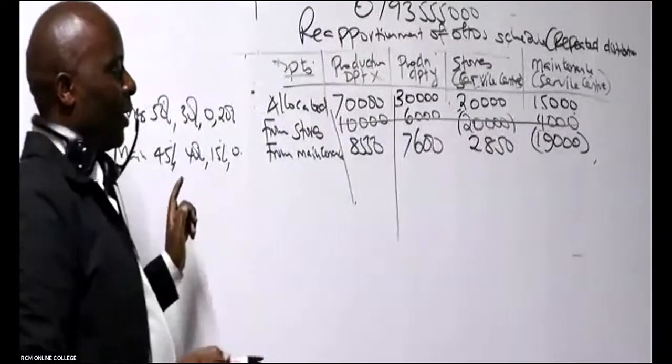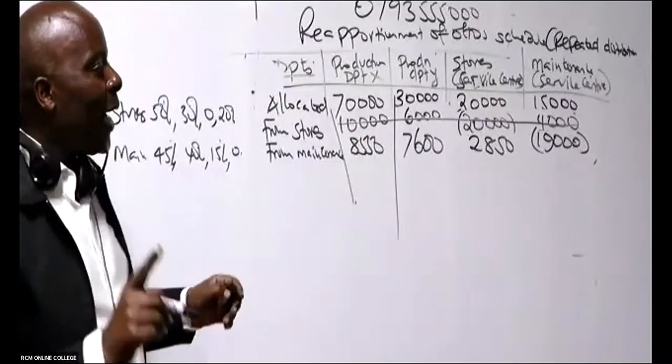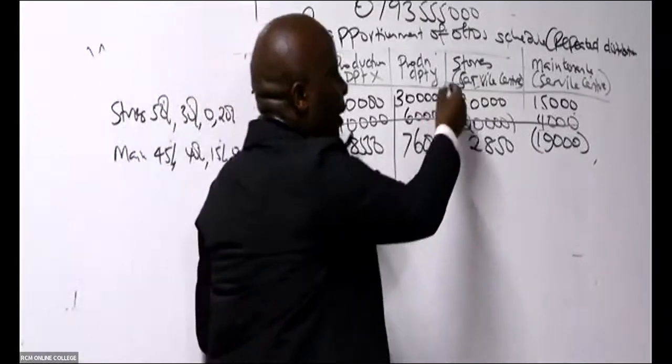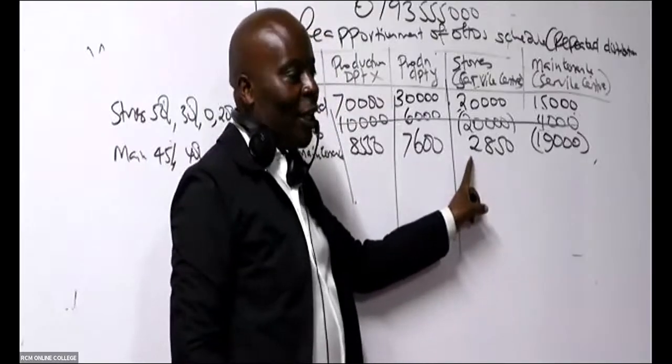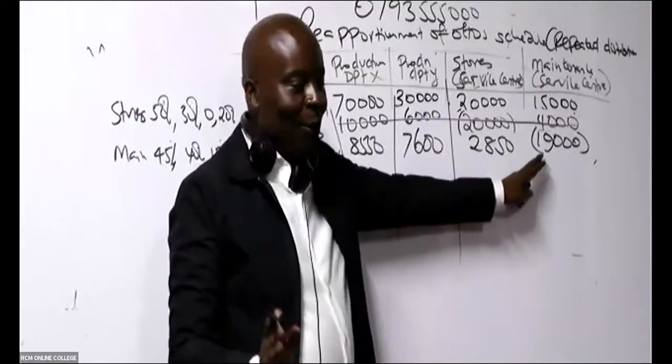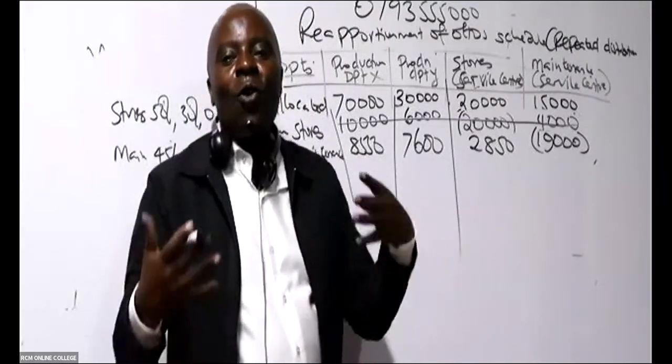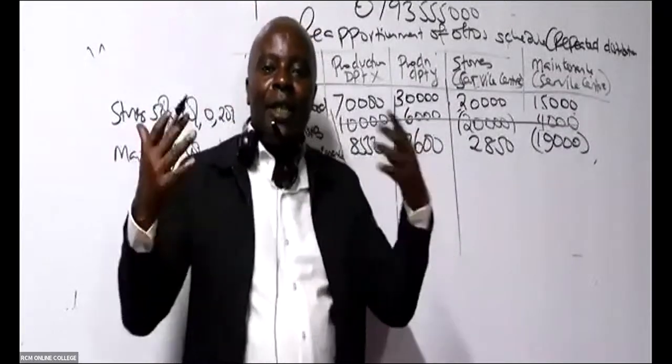So do we stop there? We can't stop when we are still seeing some amount has gone to stores. Maintenance now has got how much in it? 0. But you see now stores has gotten something new. You distribute again. It's called repeated distribution.